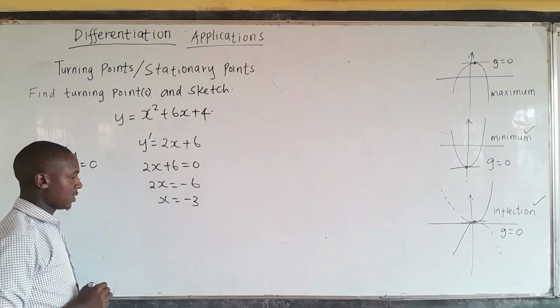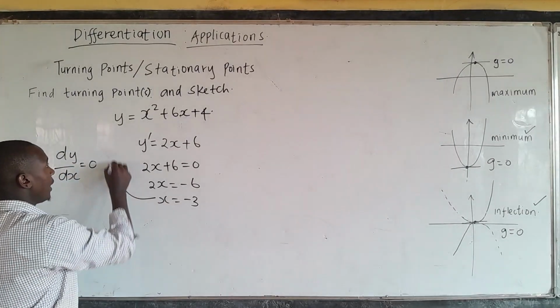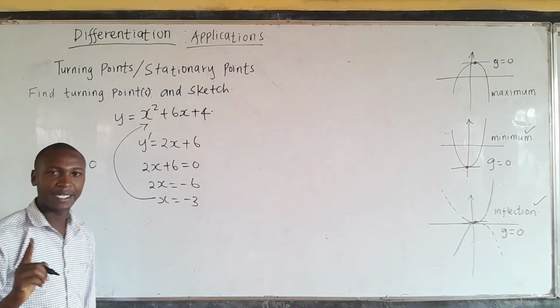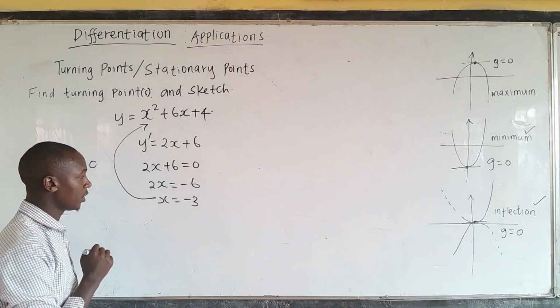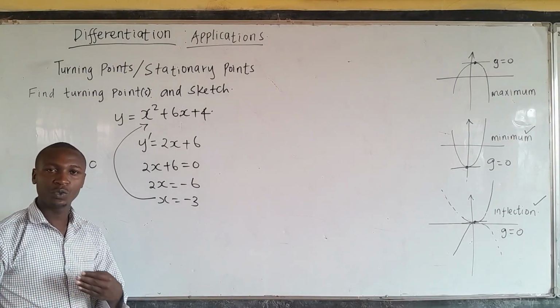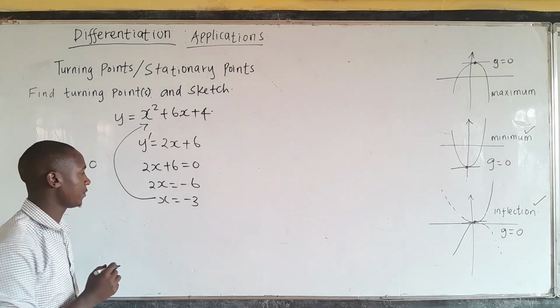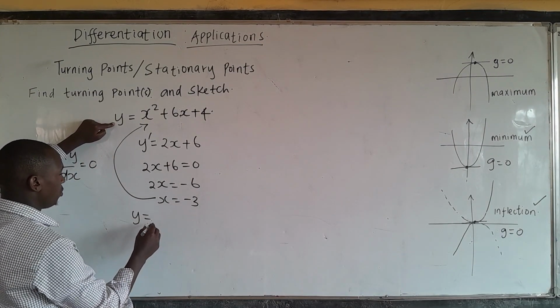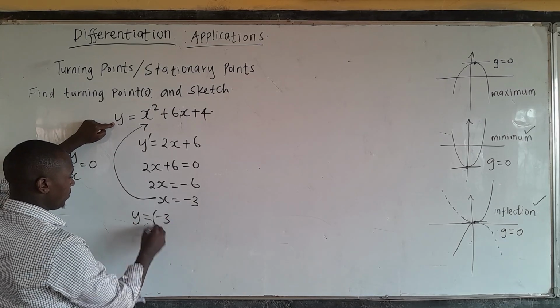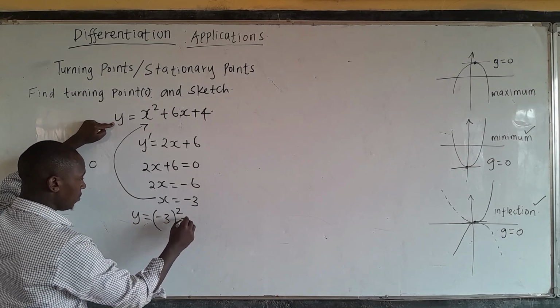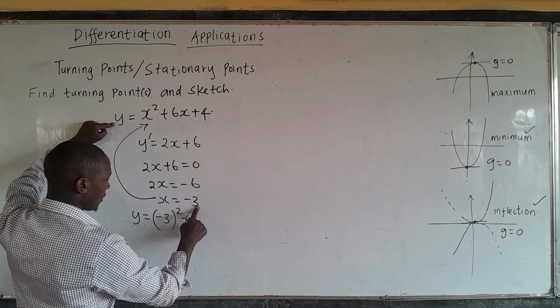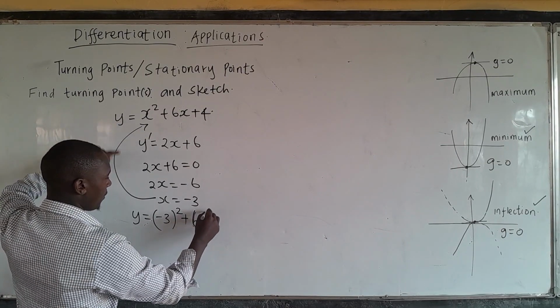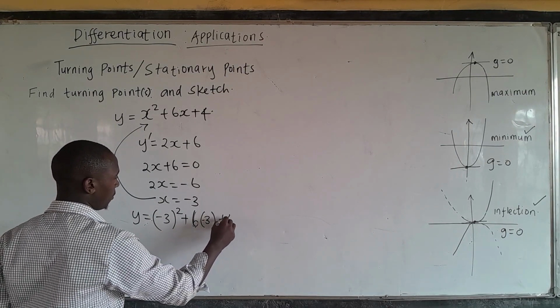So our first task will be to find the value of y at this point, so that at least we find a stationary point. Now, finding a point is going to help us to be able to sketch the curve. And therefore, the value of y at this point is going to be equal to negative 3 squared, plus 6 multiplied by negative 3, plus 4.